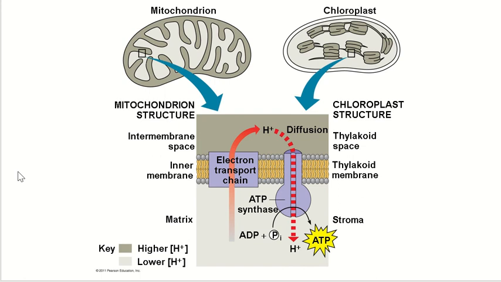So structurally speaking, there is a similarity, right? Wherein there will always be a region with higher hydrogen ion concentration and a region with lower hydrogen ion concentration. For the chloroplast, the higher hydrogen concentration would be the area of the thylakoid space, whereas the lower hydrogen concentration area would be the stroma of the chloroplast, and in between them, what separates them would be the thylakoid membrane.